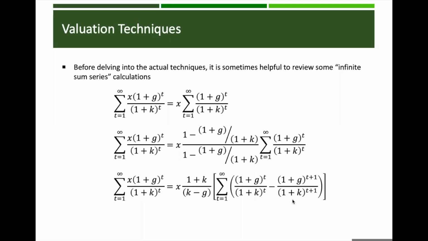And then the same thing in the denominator. I have 1 plus K times 1 plus K to the power T. That is simply 1 plus K to the power T plus 1. I've just distributed that fraction of 1 plus G to the power T over 1 plus K to the power T inside the parentheses.